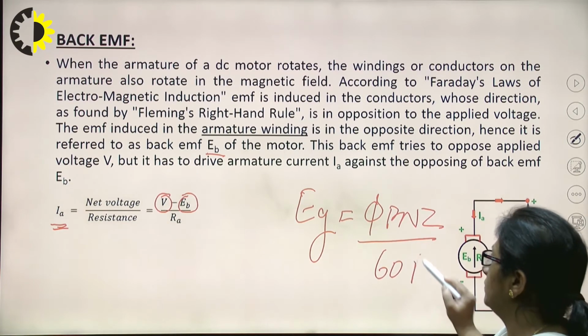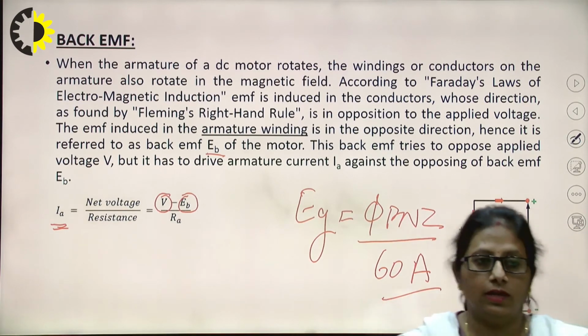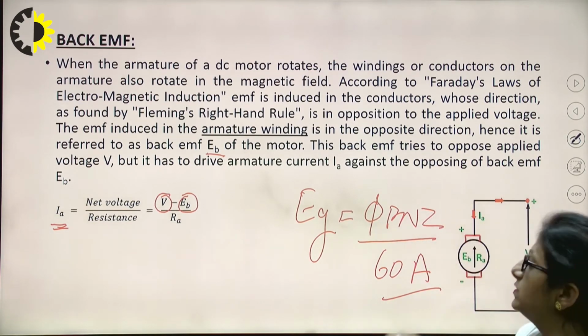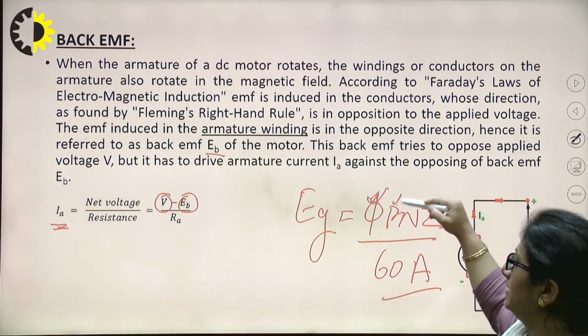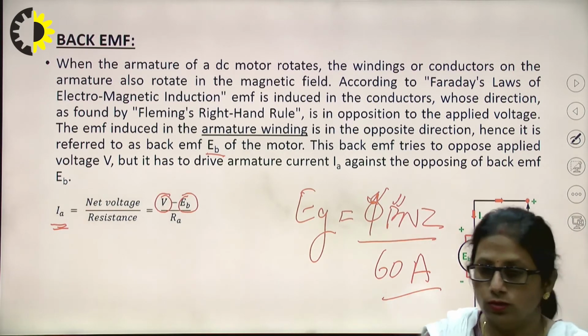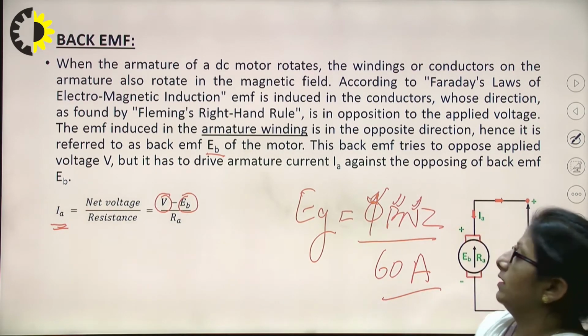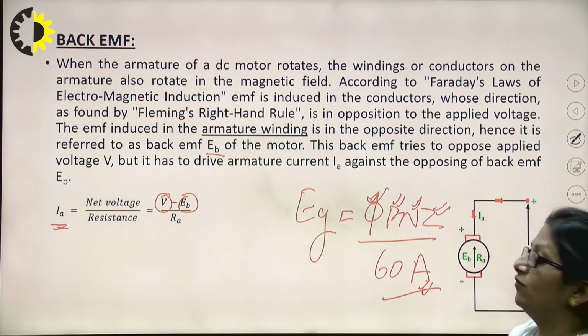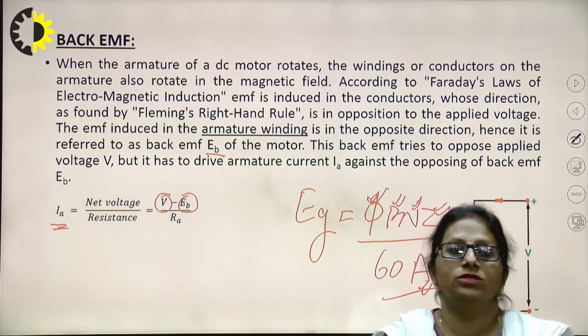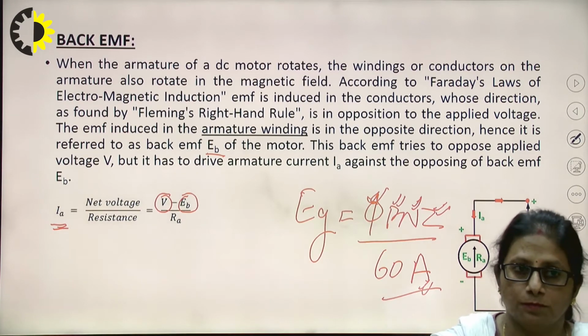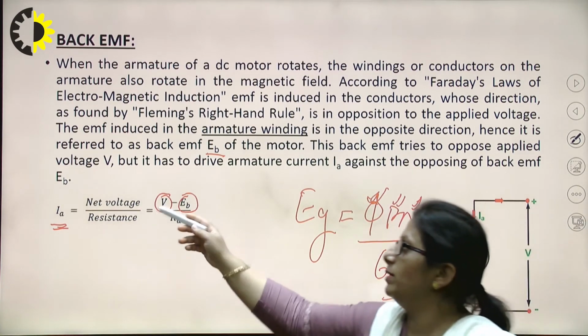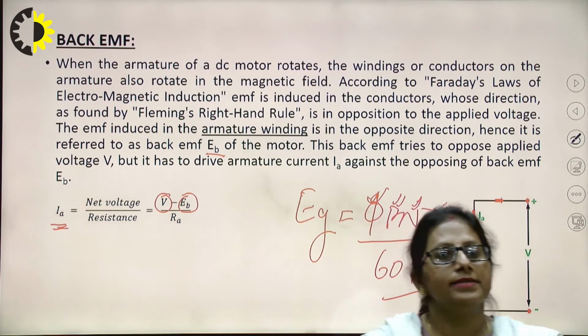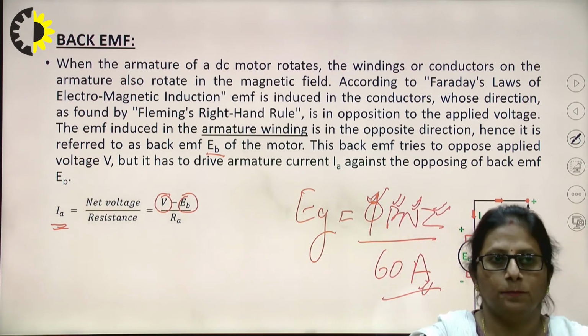Here phi is the flux per pole, P is the number of poles of the motor, N is the speed of the armature, Z is the total number of conductors, and A is the number of parallel paths depending upon which kind of winding is in the armature, right? So IA is given by V minus EB upon RA, where RA is the armature resistance.